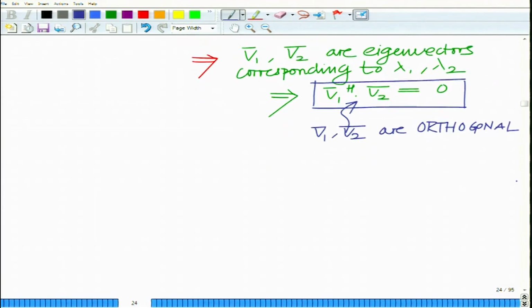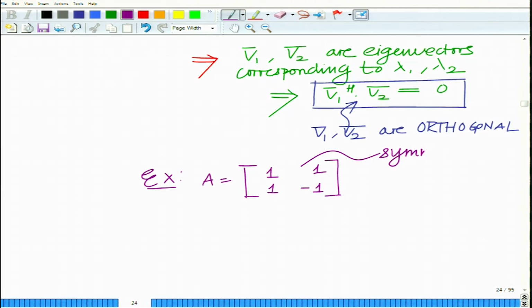Now, let us go back to our earlier example to illustrate this fact. You have probably realized that our previous matrix, 1 1 1 minus 1, is a symmetric matrix.